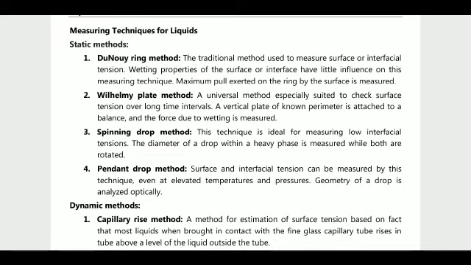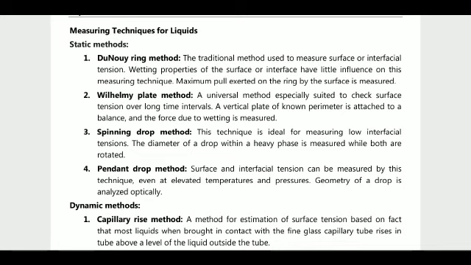Spinning drop method. This is the third method used for determination of surface tension of liquids. This method is most commonly used for substances having low interfacial tension. In this method, the diameter of a drop of a lighter phase within a heavy phase is measured while both are rotated.